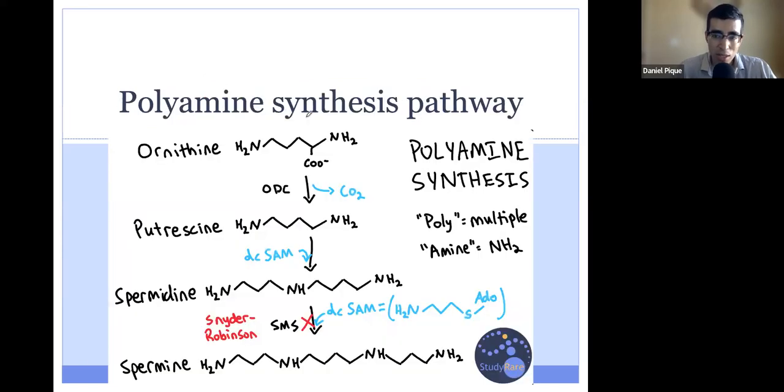They're made in humans in a four-step pathway, which we're looking at here, that starts with ornithine and ends with spermine. So the first step and rate-limiting step of this pathway is for ornithine decarboxylase to take ornithine to putrescine. The way it does that is by removing this carboxylic acid group.